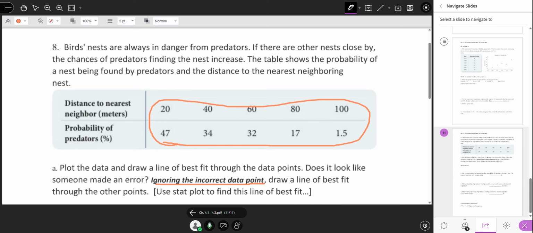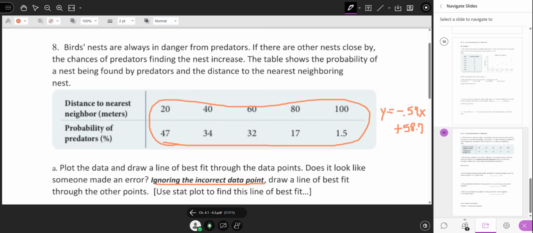So, let me tell you what that equation is. And I want you to put this into your cheat sheet. I want this one, and that you would say bird's nest predators.